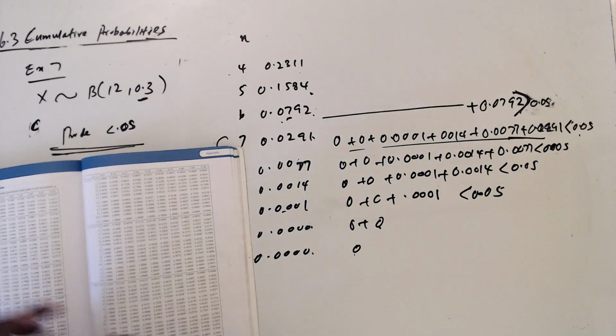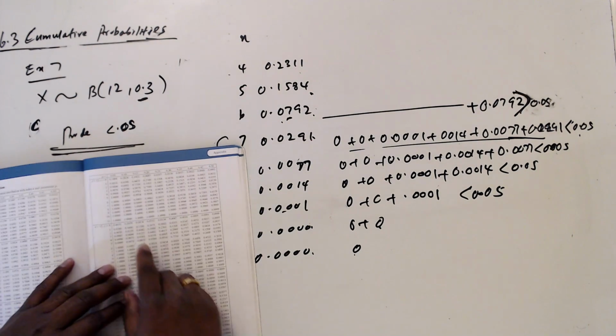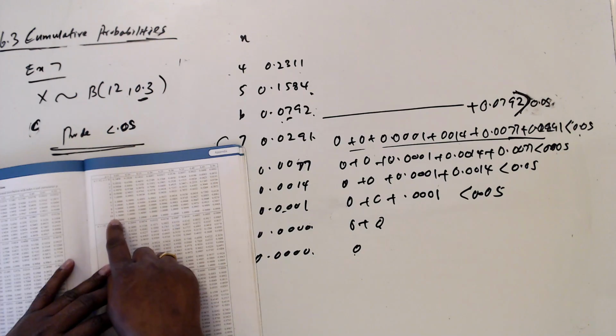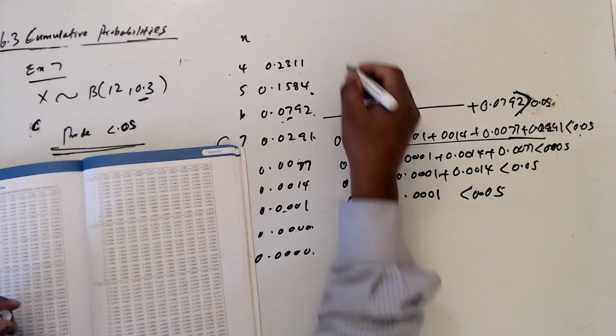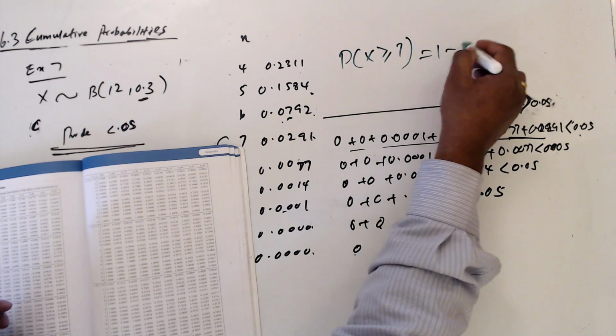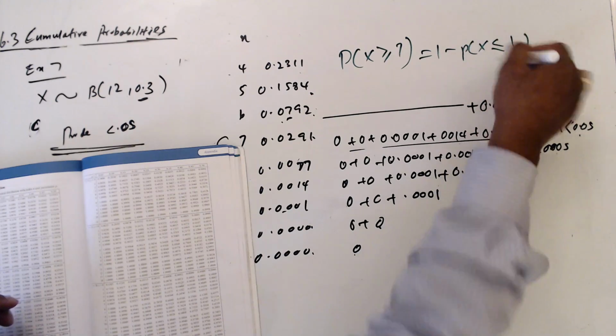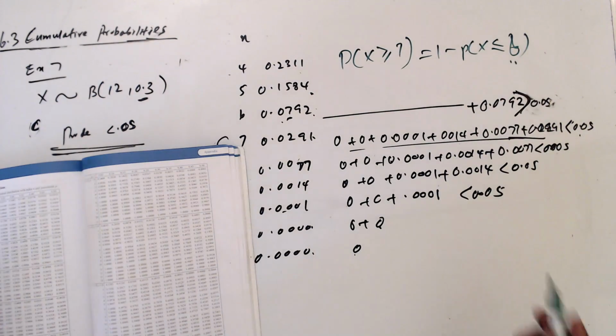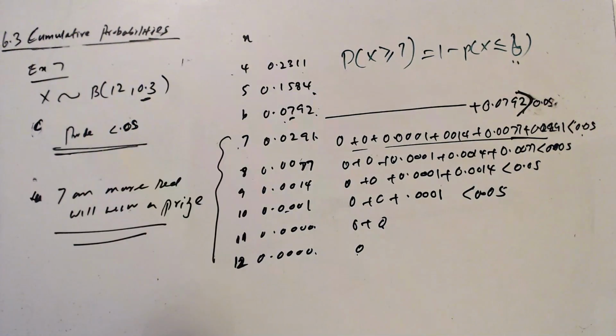So 1 minus. Make sure that if you want to find the probability of X greater than or equal to 7, then you want 1 minus P(X less than or equal to 6), not 7. We'll discuss the exercise now.